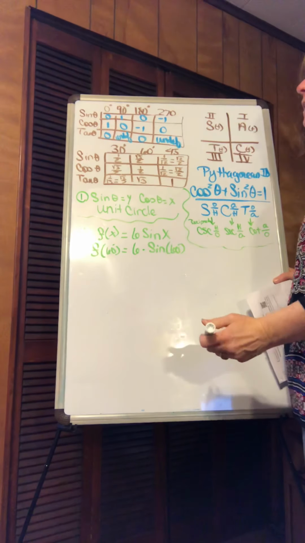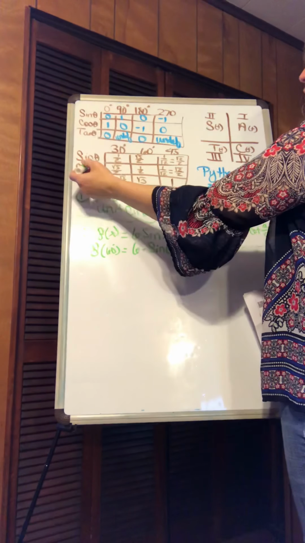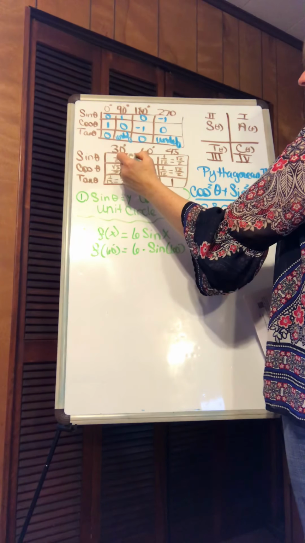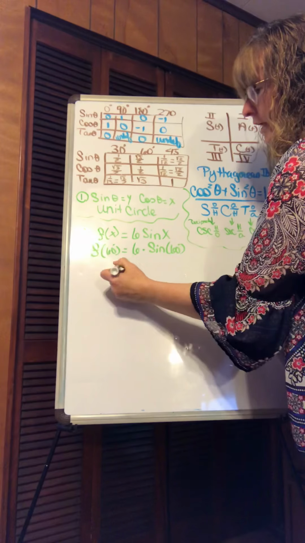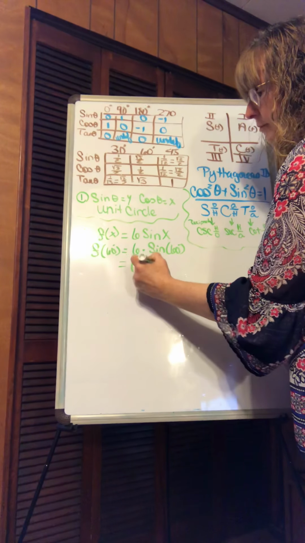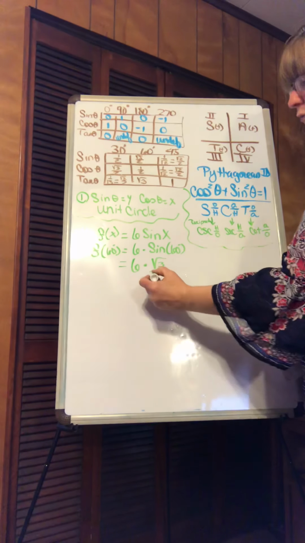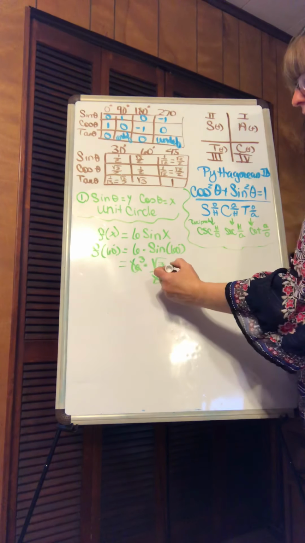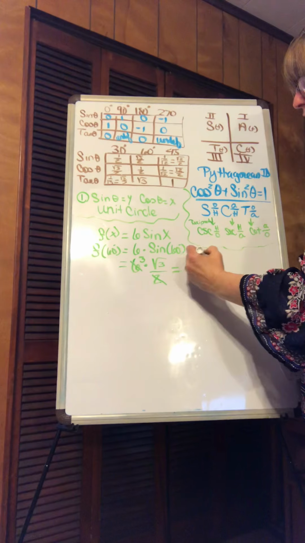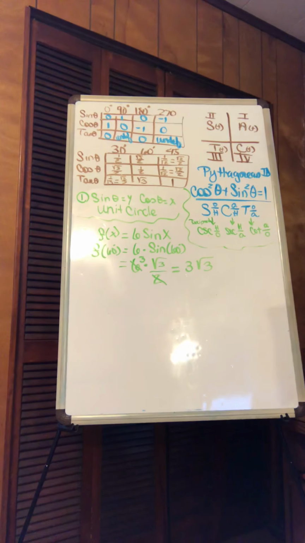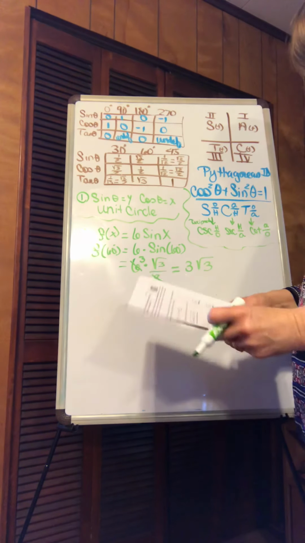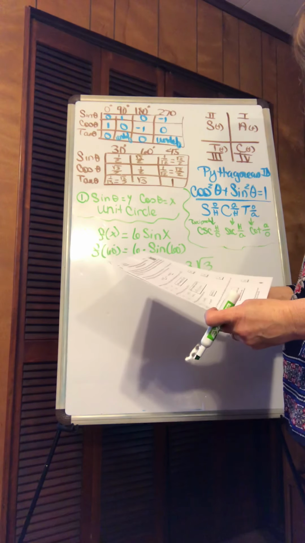What is the sine of 60? Here's the sine, here's 60. Sine of 60 is rad 3 over 2. So this would be 6 times rad 3 over 2. I can reduce diagonally, and this gives me 3 rad 3. So now it's just kind of pulling together a lot of what we've done.